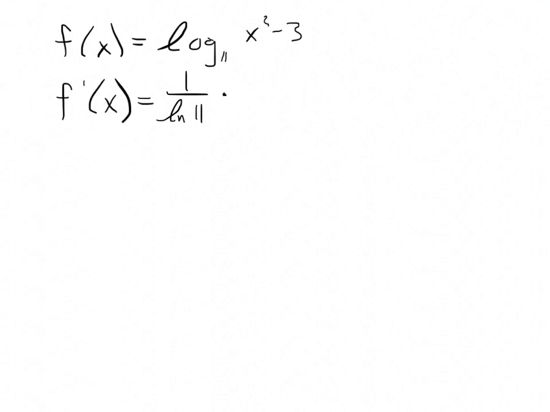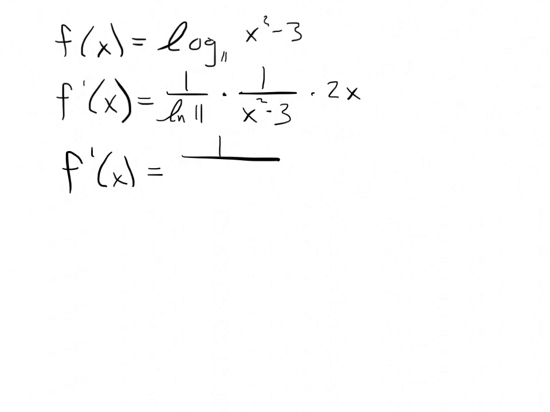The derivative of a logarithm is supposed to be 1 over the thing that's inside times the chain rule, times 2x. So if I were to pretty this up a little bit, I would probably say 1 over ln 11 times x squared minus 3.